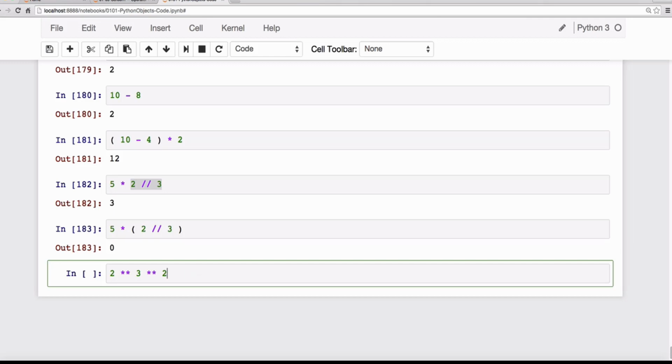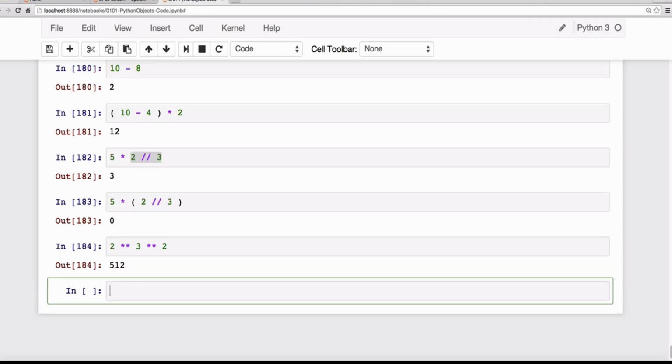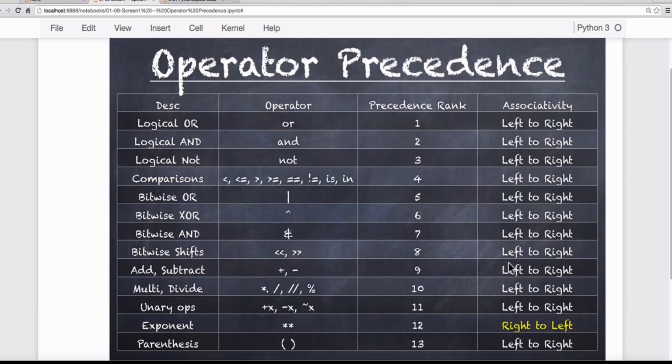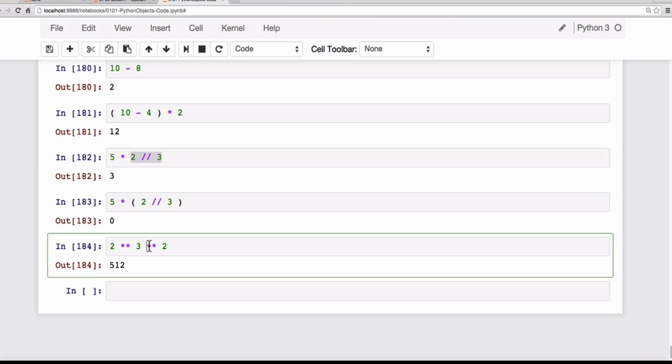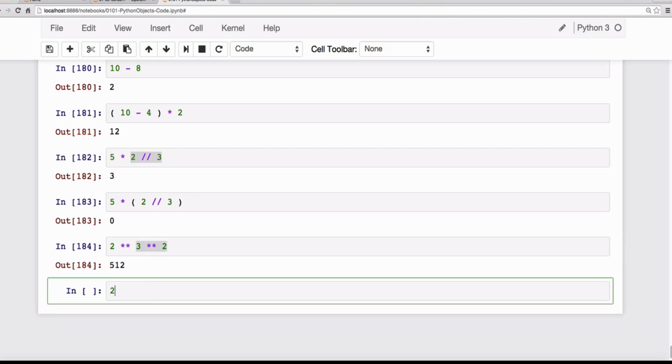But actually you will get a bigger value, 512. The reason is that, because of the right to left associativity rule, 3 to the power of 2 is executed first. Then we get 2 to the power of 9, which is 512.